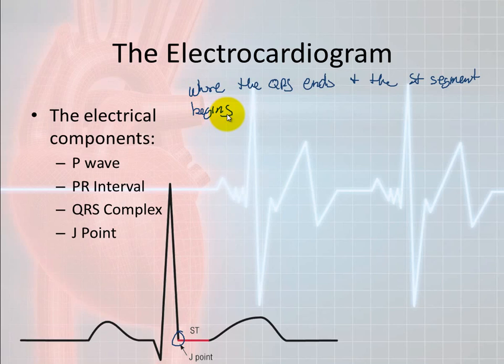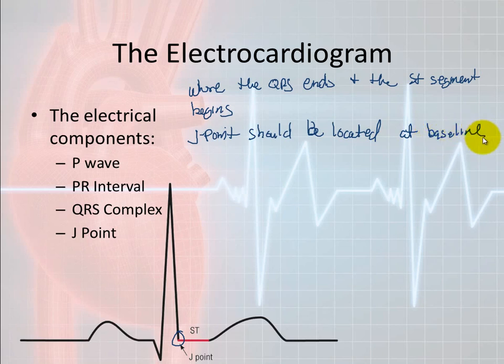That's what the J point represents. I think I read somewhere the J stands for junction point. It's the junction between the QRS and the ST segment itself. Most of the time, the J point should be located at baseline.